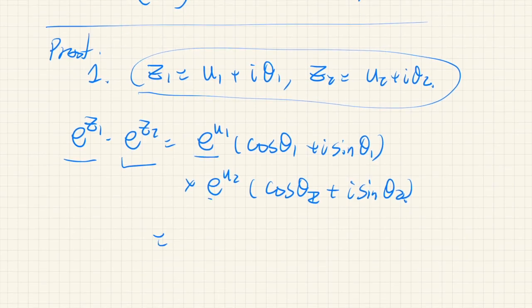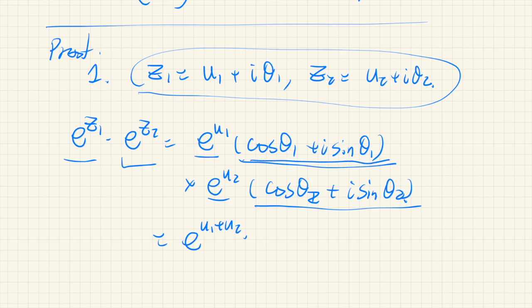And so this is just multiplication. And because of the property of the real version of the exponential function, we have e to the power of u1 plus u2 here. And here, remember, this is a complex number with absolute value of 1, and same for the second one.